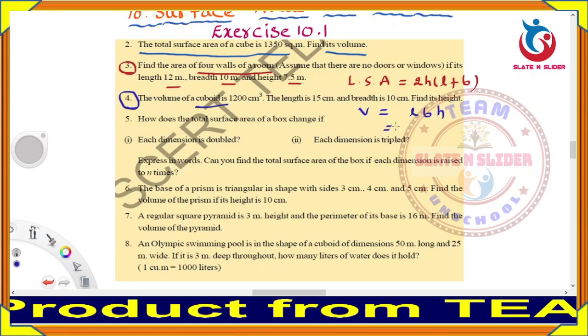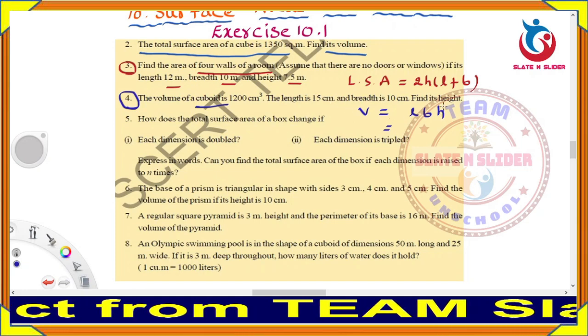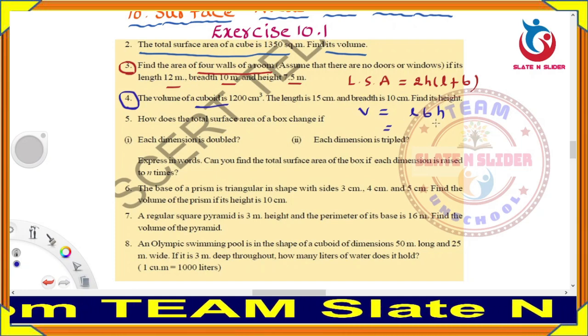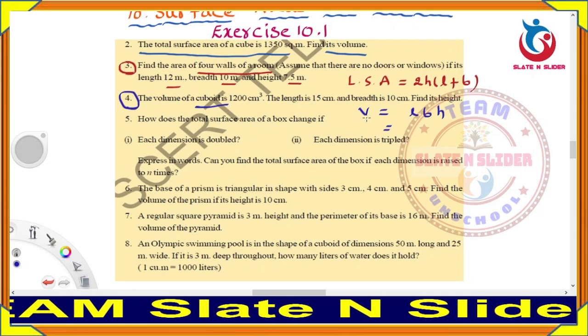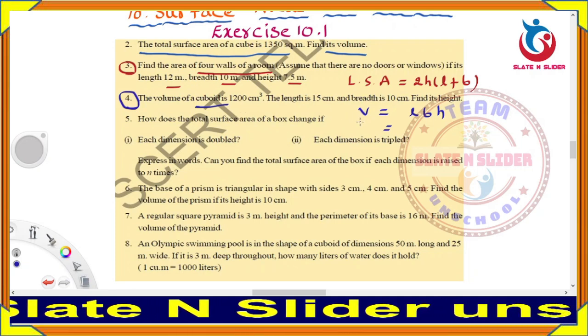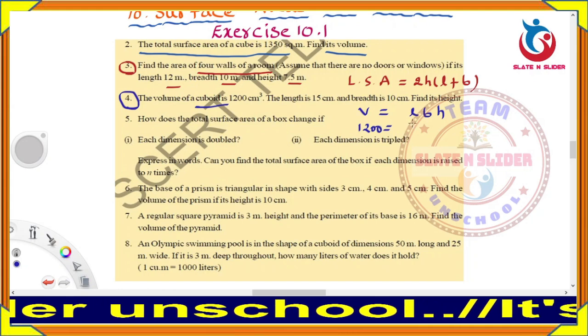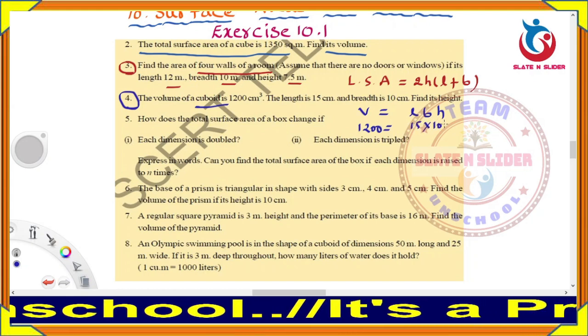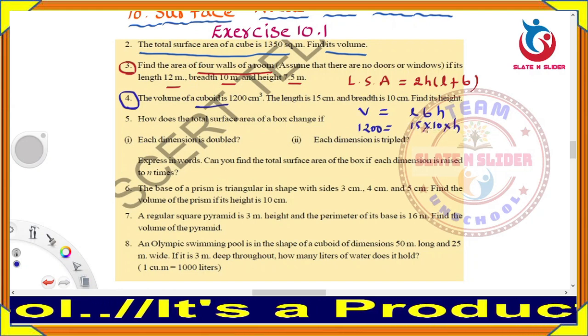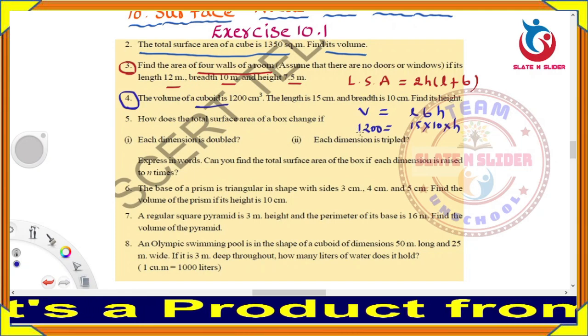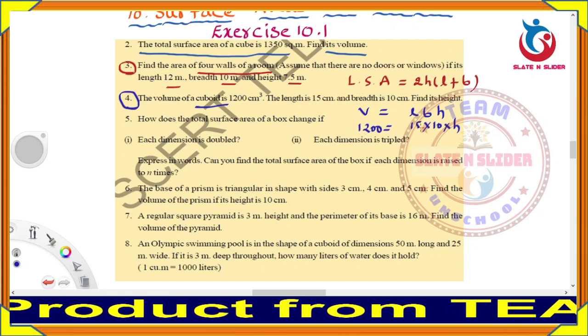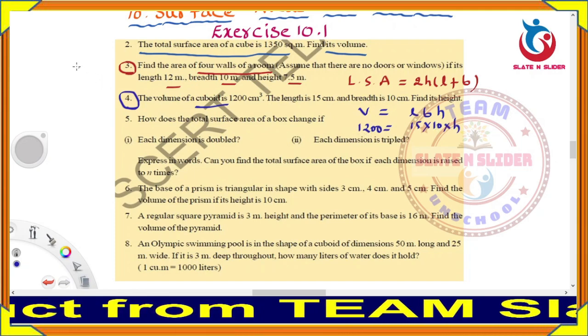So in this we have to substitute the length, breadth, and we should find out height. So to find the height we require volume, that volume is 1200, substitute in it. So volume 1200, L is 15 into breadth is 10 into H. So to get H we have to send this 15 into 10 to the other side, it will divide, by simplification we get the height. This is a direct question.